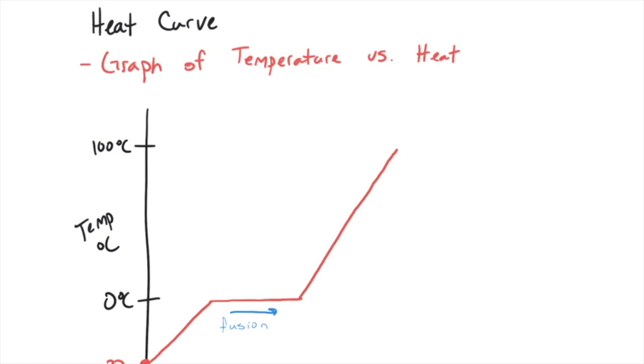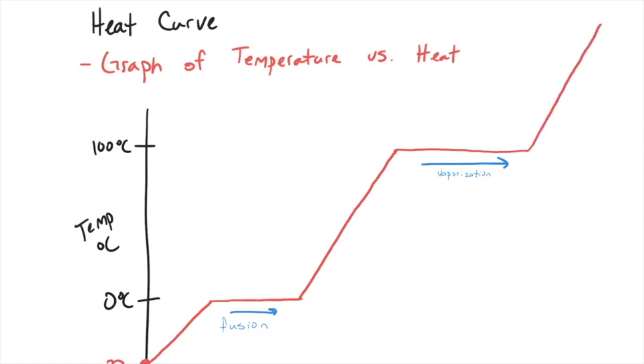At that time, the graph, although still increasing in heat, does not increase in temperature and levels off again for a period of time. This point of the graph represents vaporization. If we were able to collect all of that liquid water turning to steam in a tank of some sort, we could take all of that steam and continue to increase its temperature further and further, up until technically an infinite temperature.